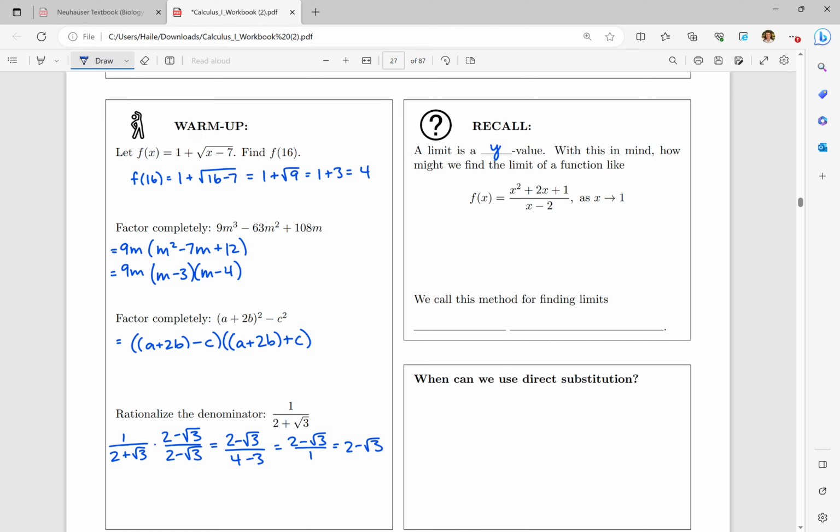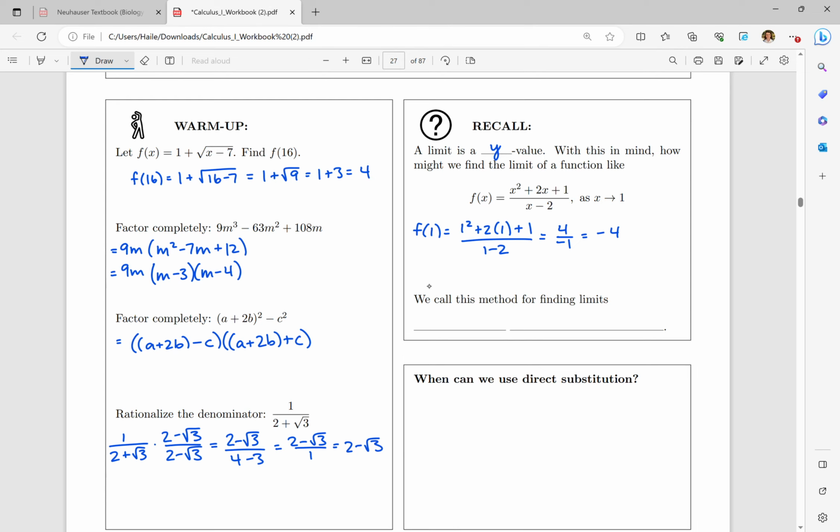So for example, we could say f of 1 is 1 squared plus 2 times 1 plus 1 over 1 minus 2, which is 4 over negative 1, which is negative 4.